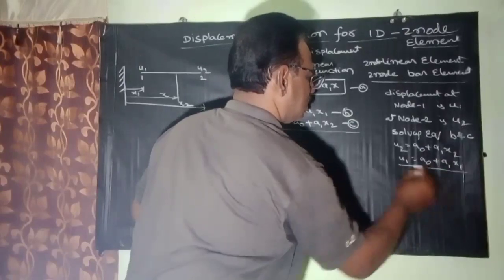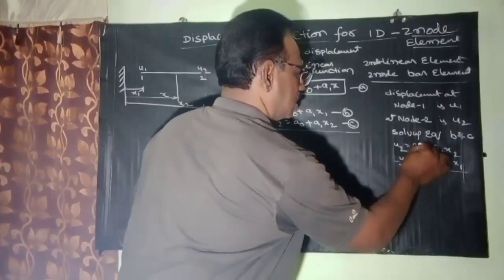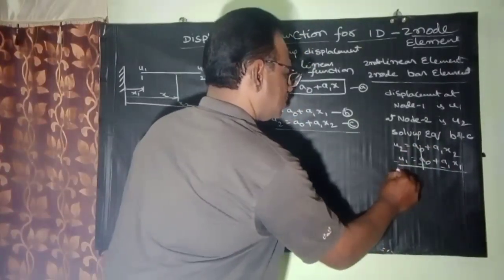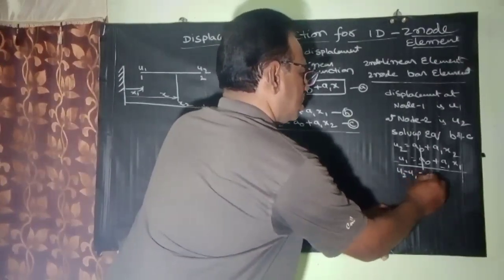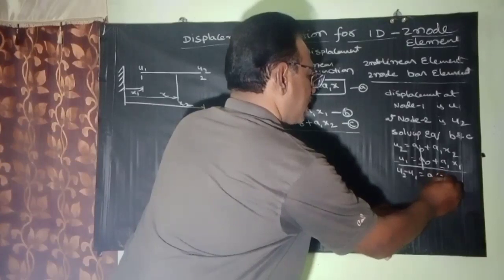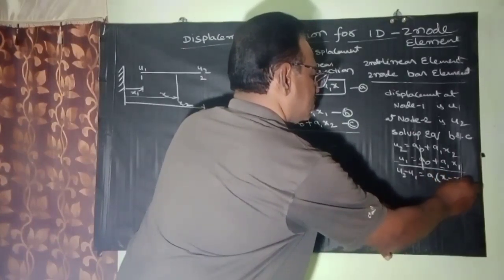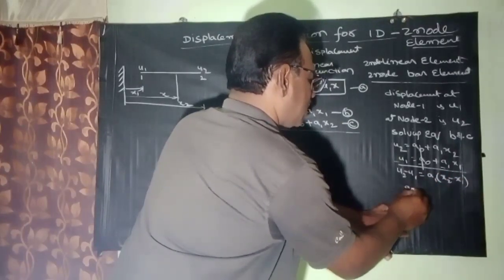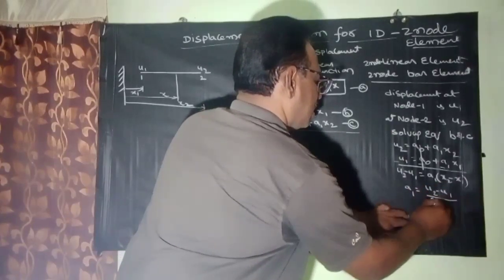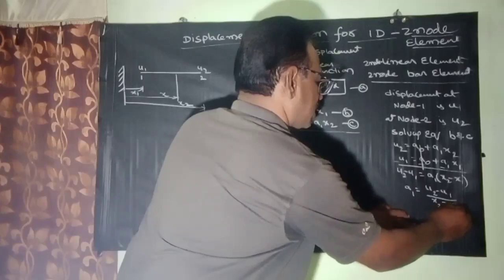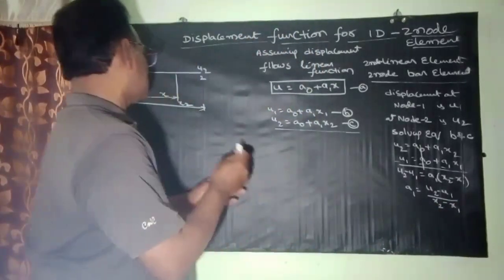Now we will write. These two will be cancelled, that is u2 minus u1 equal to a1 into x2 minus x1. What is a1? a1 equals u2 minus u1 by x2 minus x1. What is x2 minus x1?